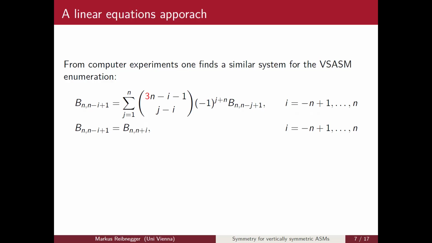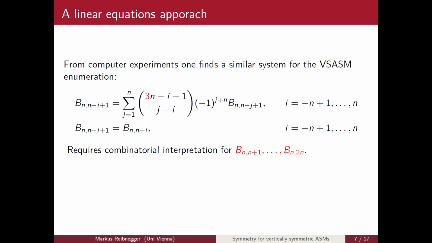Okay. So one can find this linear system of equations conjecturally by computer experimentation. But if one wants to prove that the refined enumeration numbers that we're looking for fulfill this linear system of equations, one has to somehow combinatorially interpret the numbers that appear.